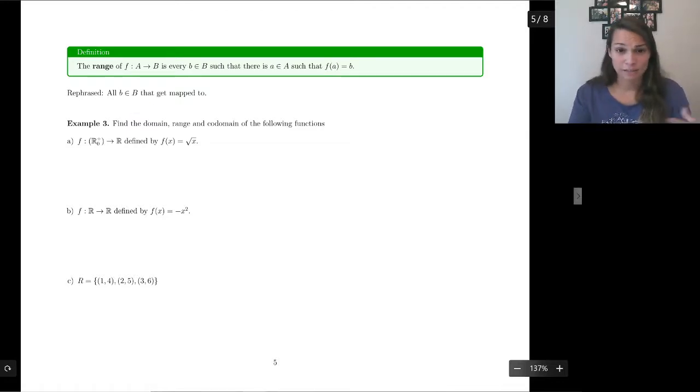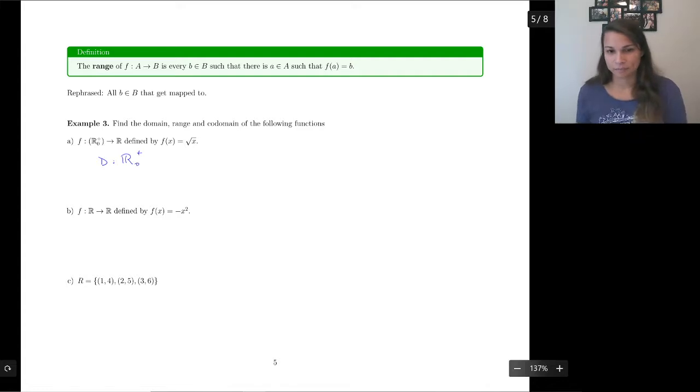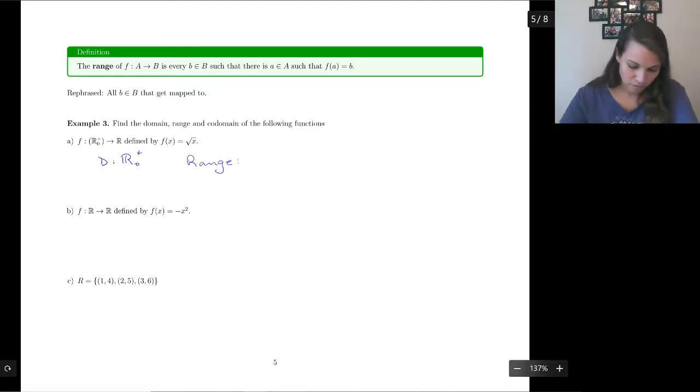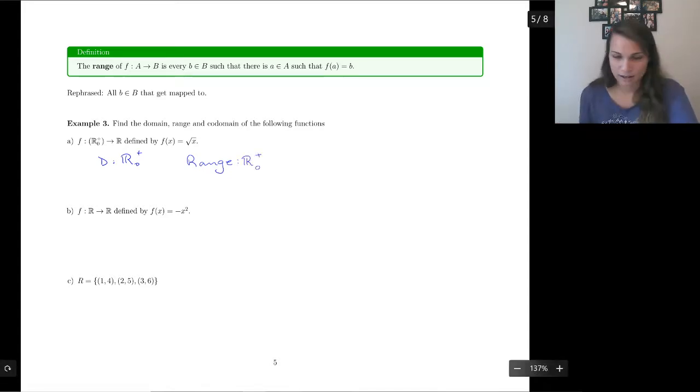So let's go ahead and find some domains, some ranges, and codomains for the following functions. So we've got the domain here is going to be R0 plus. It's really easy to pick out. Then the range, let's do it this way. Range is going to be everything that it hits, which is going to be positive reals and include 0.